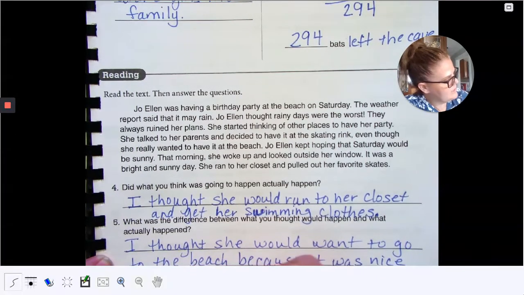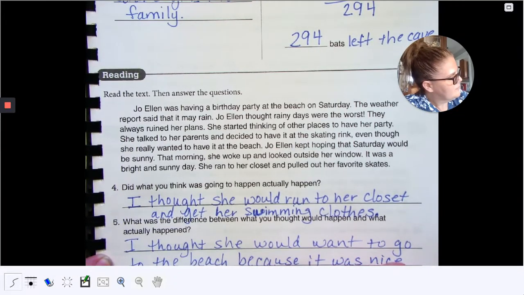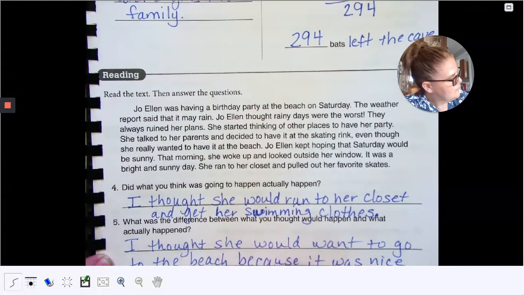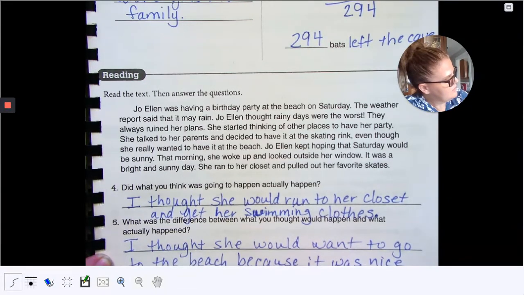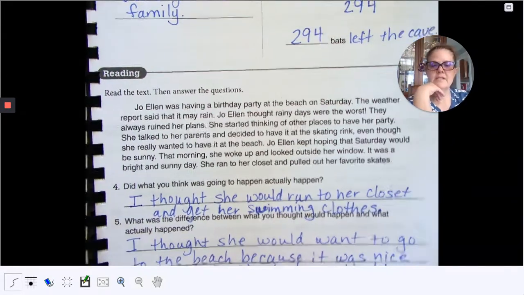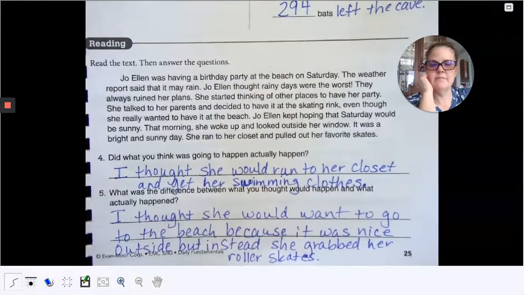But instead, she wanted to go skating. Okay, so you may not have the exact same sentences that I have, but you might have something similar.